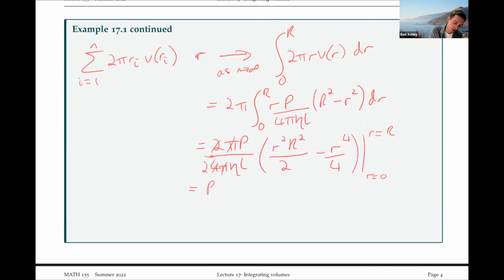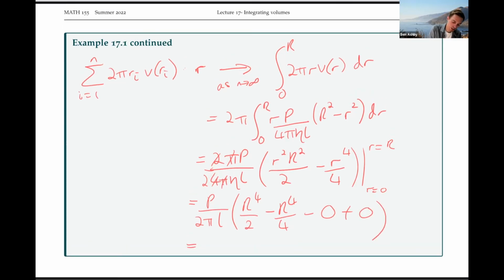We end up with P over 2 pi L times big R to the 4 over 2 minus big R to the 4 over 4. And then we're going to have minus 0, in fact. This ultimately ends up giving us P R to the 4 over 8 eta L.